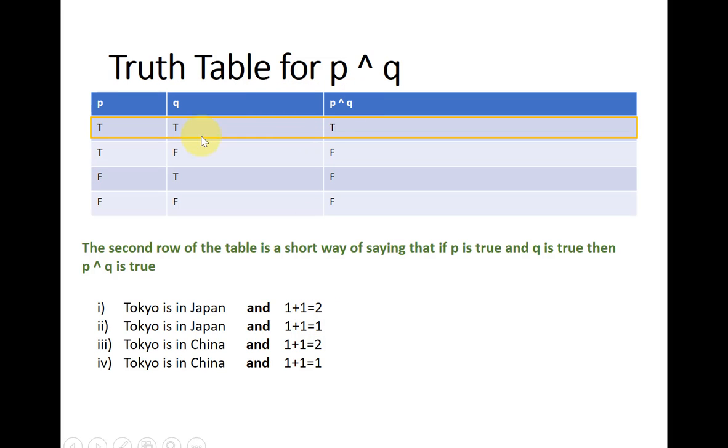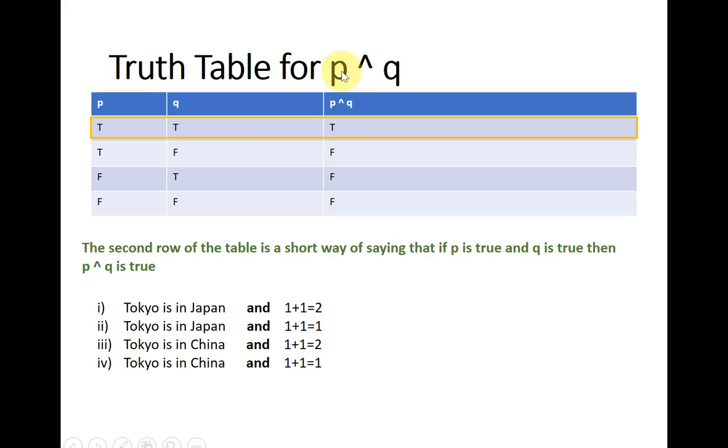So that's what this so-called truth table for the AND operator, or the conjunction, says. So we talk about each part. So P and Q, so there are two parts, just like here and here. There are two statements, two simple statements, which we put together into a compound statement.